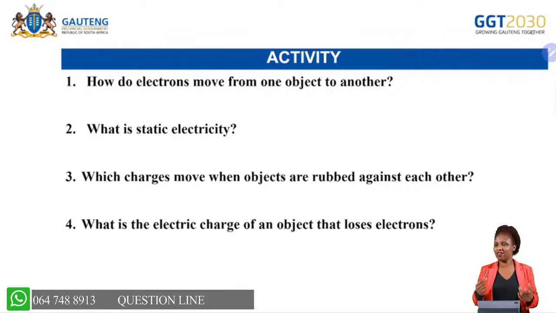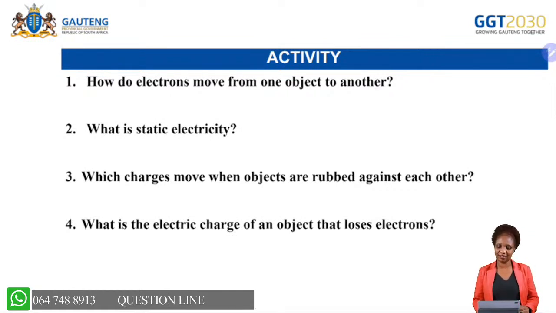The glass rod is going to lose electrons. They will be transferred onto the silk cloth, and the silk cloth is going to receive the number of electrons that the glass rod has lost, therefore leaving the glass rod positively charged, and the silk cloth becomes negatively charged. Why? Because it has gained electrons. Do you get that? And then let's look at question number 2.